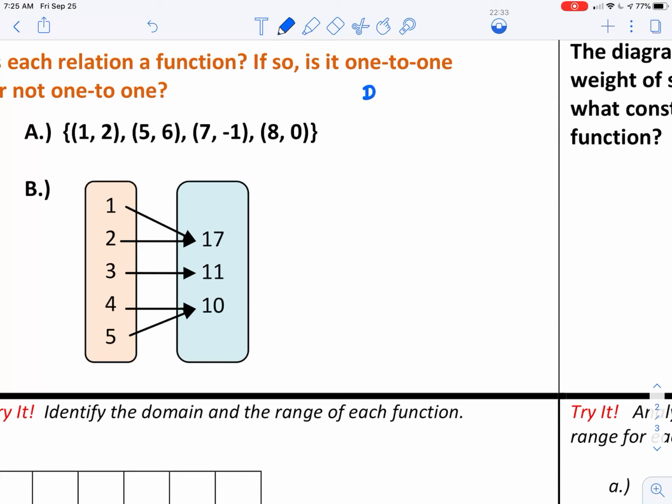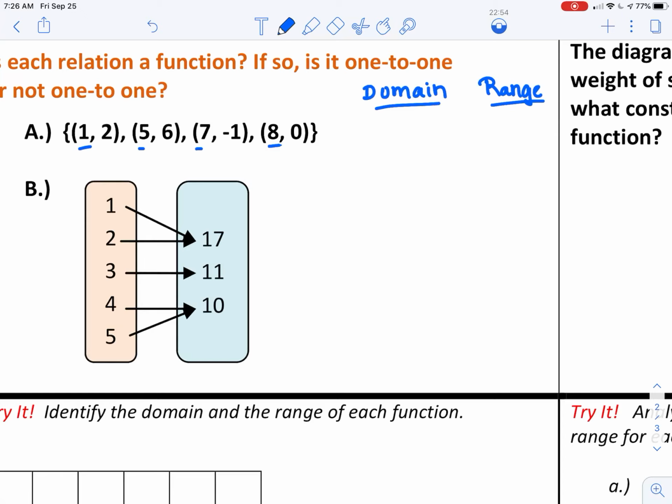We're going to do a little mapping diagram. We're going to list the domain, and we're going to list the range. And this is kind of what you see done in letter B for us, but many times it's not given to us already in a mapping diagram, so we have to take our points and go ahead and map those out. So the domain, remember, is simply the x value of our set of ordered pairs.